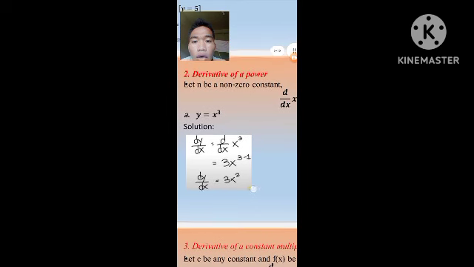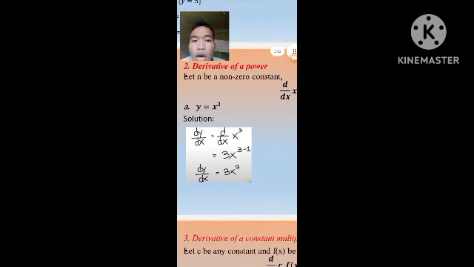Our constant is non-zero, let it be n. So n times x raised to the power of n minus 1.